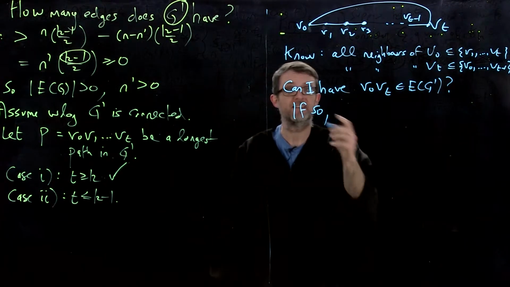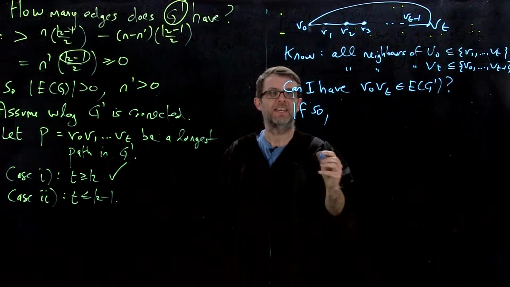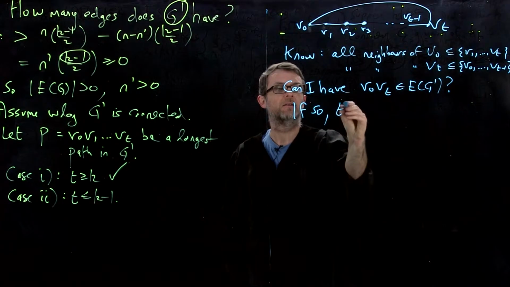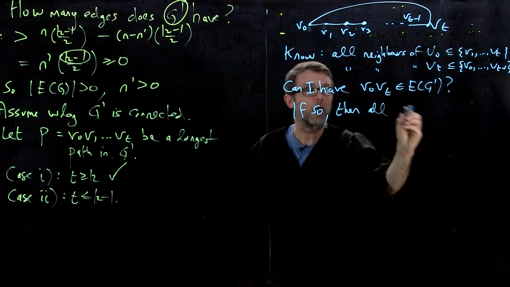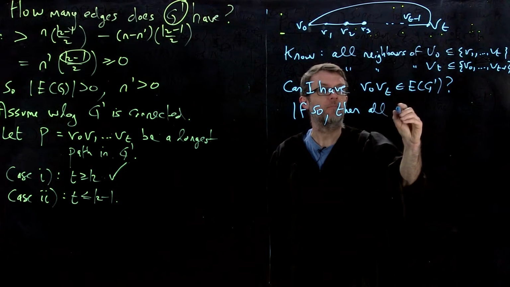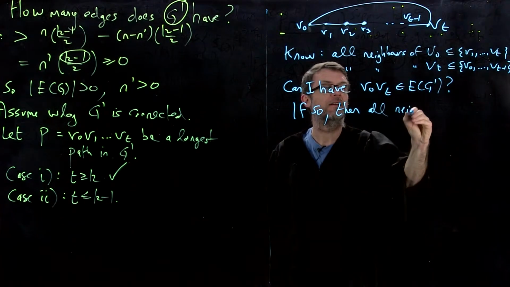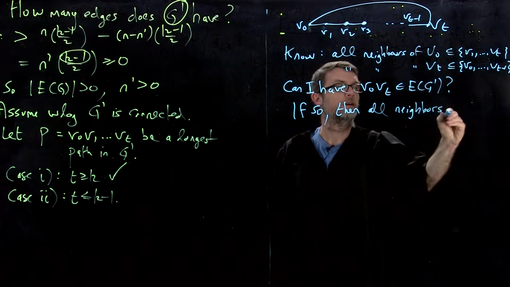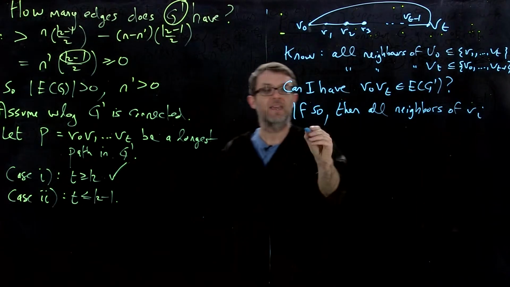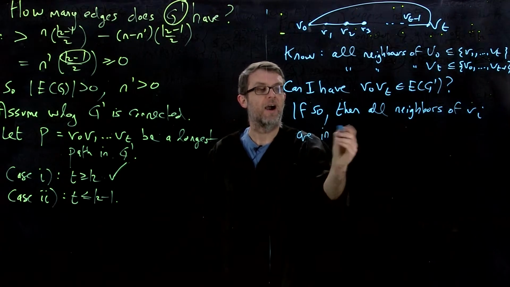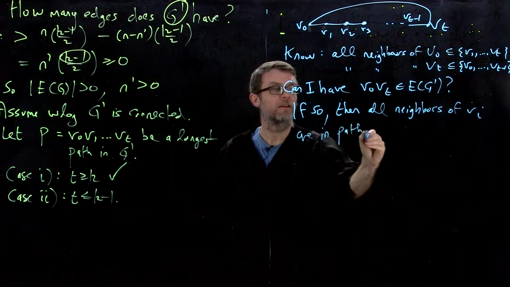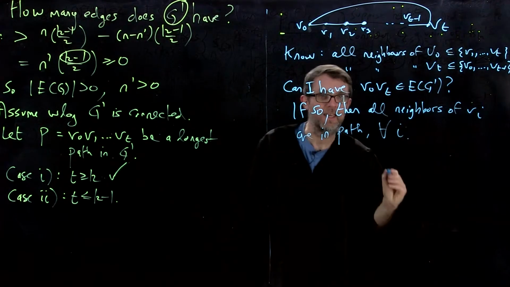So the conclusion is that if v0 vt is an edge, then all neighbors of vi are in the path for all i.